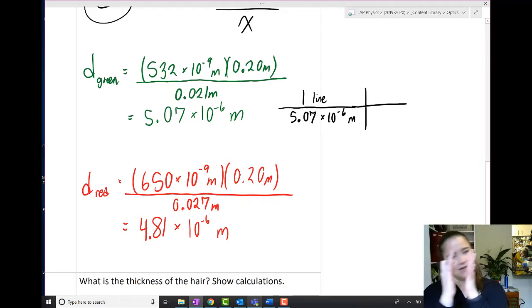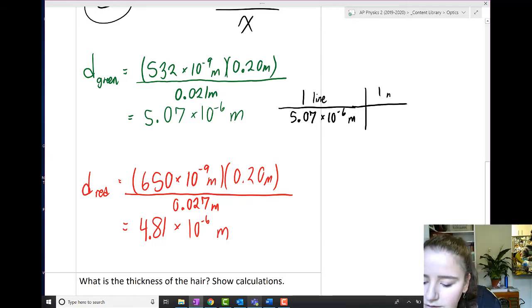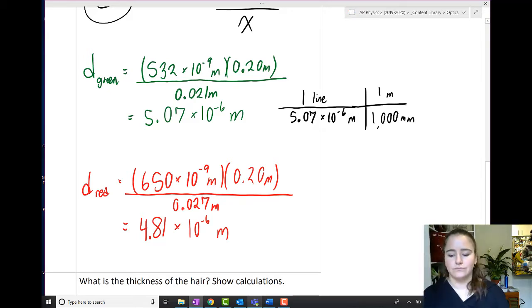So if we want to get to lines per millimeter, all we need to do is convert our meters to millimeters. So we know in 1 meter, there is 1,000 millimeters, or 1 times 10 to the 3rd. Well, okay, so we can go ahead and calculate this out.